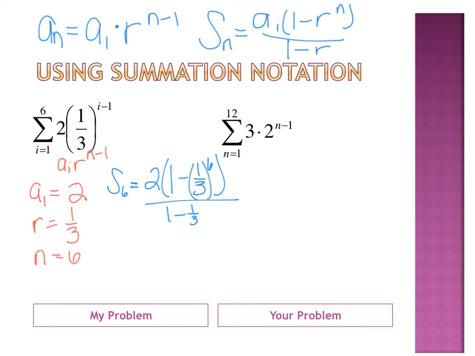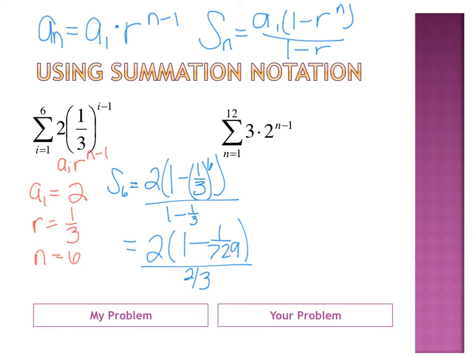I get this equals 2 times (1 minus 1/729). What is 1 minus 1/3? 2/3. Okay. So 2/3 is on the bottom. What is 1 minus 1/729?